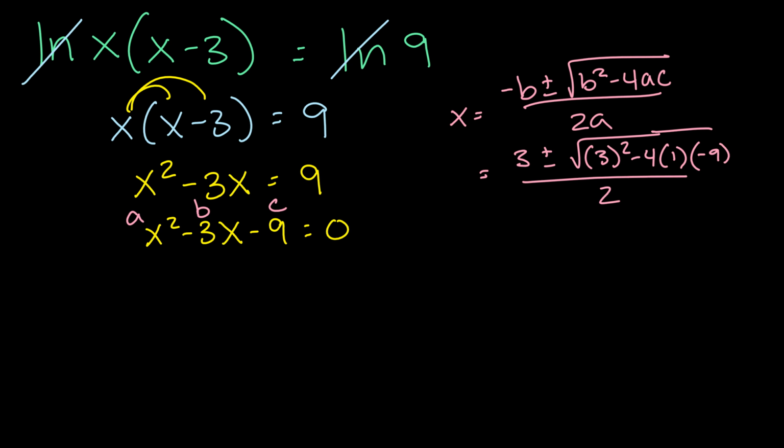So what is negative 3 squared? 9. Minus 4 times 1 times negative 9, so it's a positive. What's 4 times 9? 36. So what is 9 plus 36? 45. Now, can the square root of 45 be simplified?